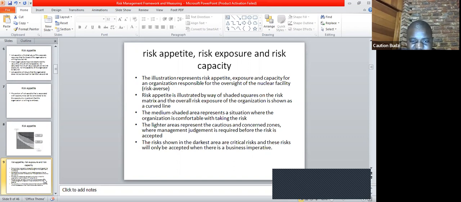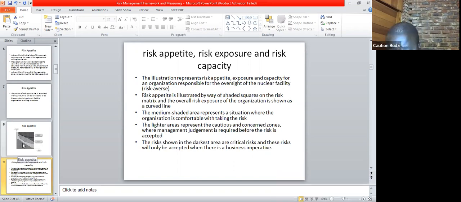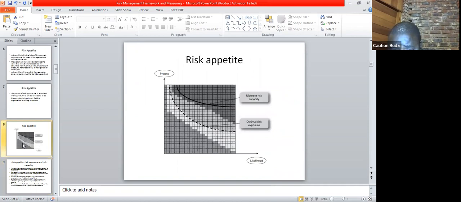Risk appetite is illustrated by way of shaded square on the risk matrix. So the whole shaded area is showing the risk appetite of this organization. So we have that dotted line. The dotted line shows the optimum risk exposure or the optimum risk appetite that the organization is willing to take.